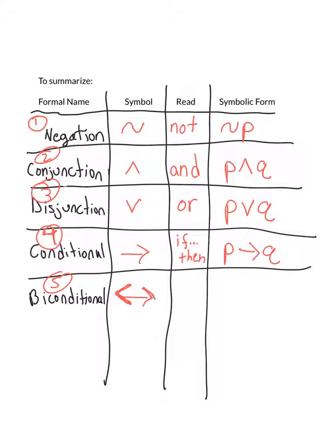So you have double arrowheads here. And this relates to the phrase if and only if. So if I had this, for example, I'd read it out loud as P, if and only if Q. Now we're ready to talk about truth tables with all these symbols in the mix.